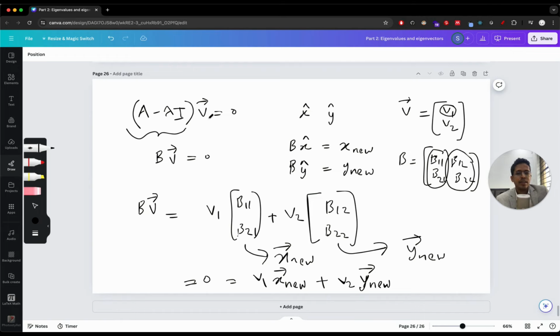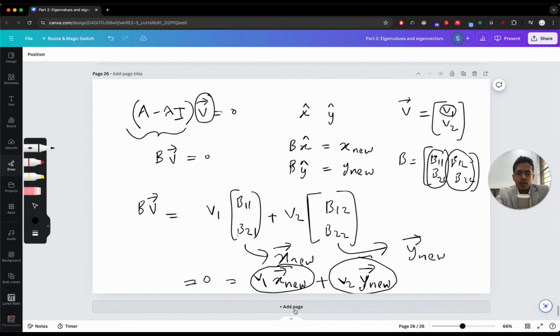We are not interested in the case where V is a null vector, or the case where B is a null matrix. So the only case in which V1 times X new, which is a vector, and V2 times Y new, which is another vector, will be 0 is when these two vectors are cancelling each other, if they are non-zero. And when will they cancel each other? They'll cancel each other if X new and Y new are parallel or anti-parallel. They should lie on the same line, right?